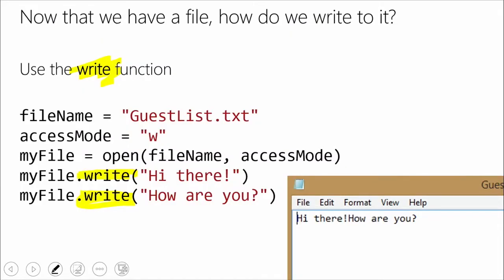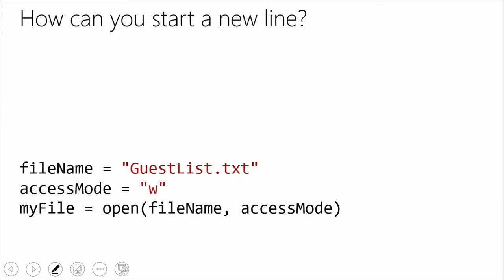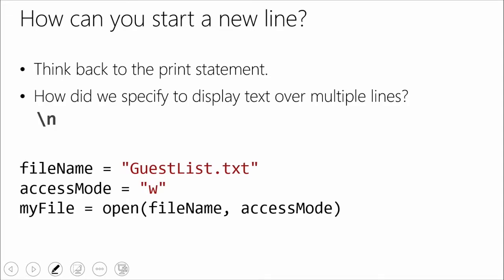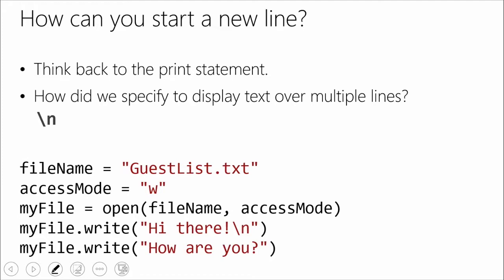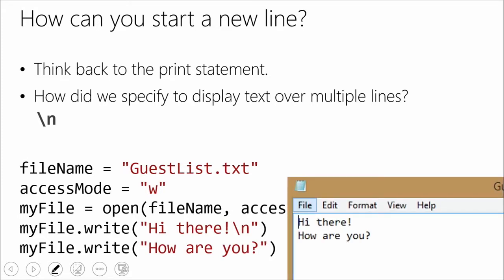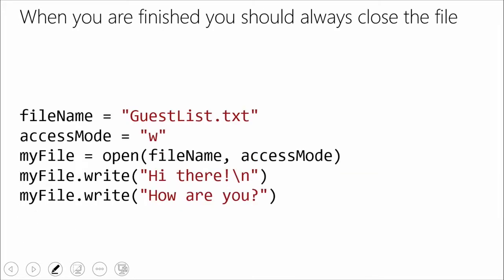We've got a little screenshot here. You'll notice "hi there, how are you?" is all on the same line. If we want a brand new line, think back to that print statement, what we need is that \n. Now if I do a \n there and bring this back up, you're going to notice that it's on a brand new line.